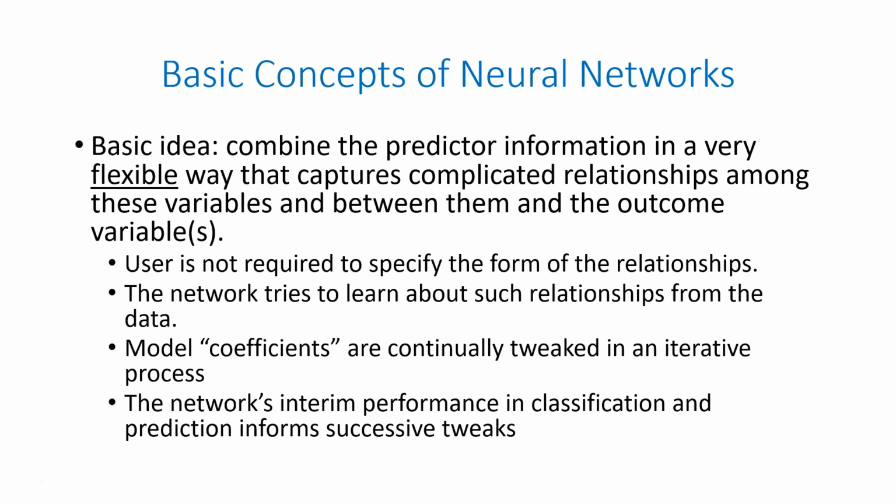Now, let's go over some of the basic concepts related to neural networks. The basic idea of neural networks can be summarized in this statement. The technique combines the predictive information in a very flexible way that captures complicated relationships among these variables and between them and the outcome variable or variables. As with any supervised analytics techniques discussed so far, neural networks require both predictor variables and outcome variables to model the relationships.